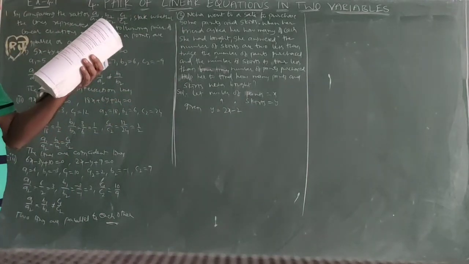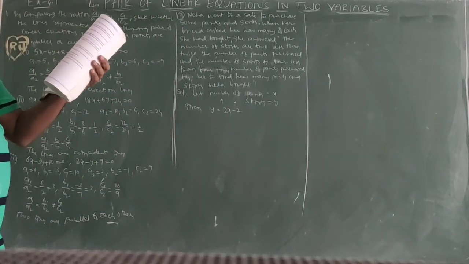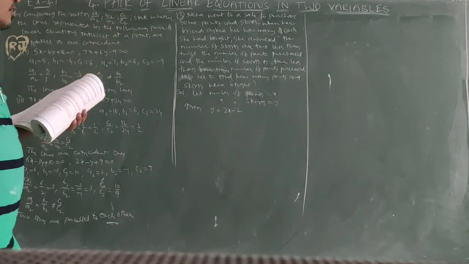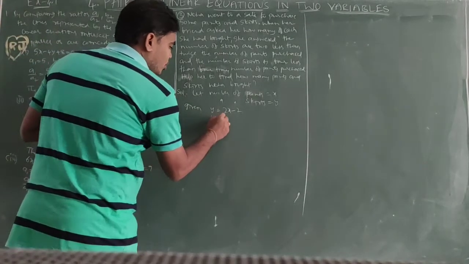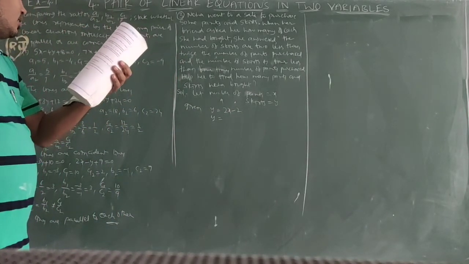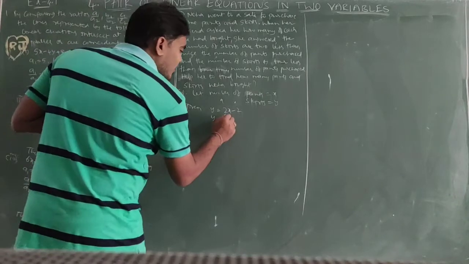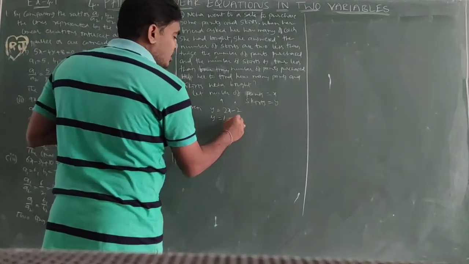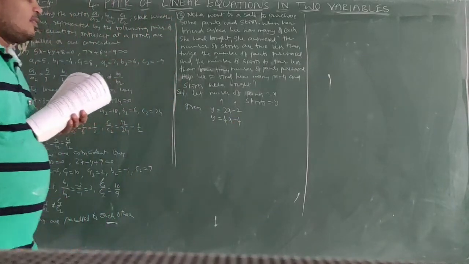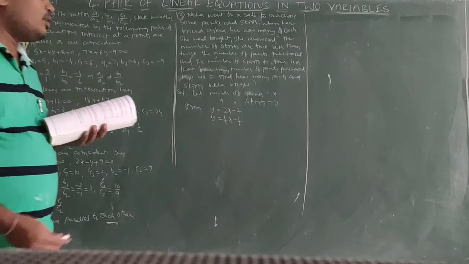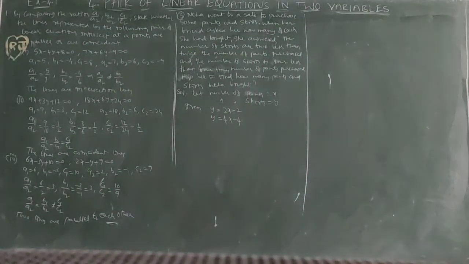Next, one more piece of information: the number of skirts y equals 4 less than 4 times the number of pants, which is 4x minus 4. So y equals 2x minus 2, and y equals 4x minus 4. We need to solve these two.